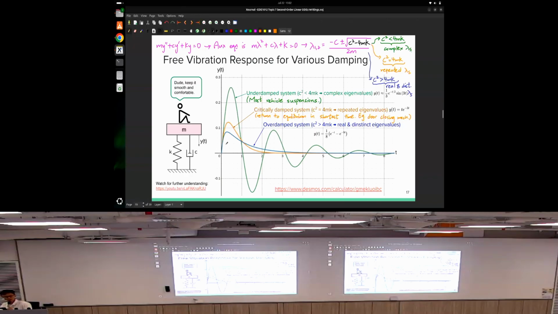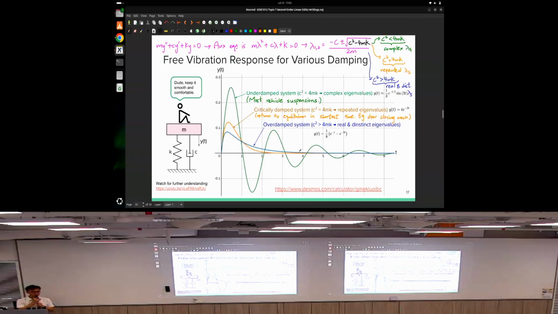Over-damped system, if you look at the response, is such that it closes very slowly. You see? It goes back to the equilibrium in a longer amount of time. You see the blue curve? It doesn't go back so fast. It goes back slowly. So what is the purpose of such a system? For example, when you open the van, let's say there's a van door. When you open the van door, it goes psst.